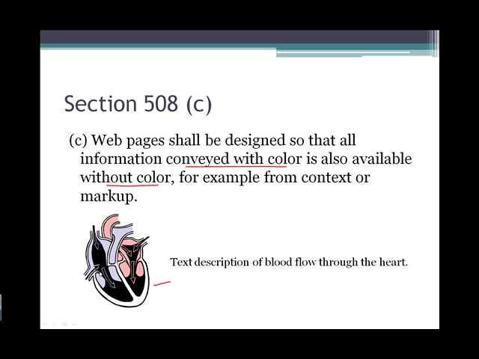Well, if we're on a web page, we should also provide a text description of some kind as an alternative way to access that same information. So that is what they're talking about there. If it's in color, well, some people have color blindness. They won't be able to use that information unless it can come from another way, a text description or something in the context that helps them get that information.